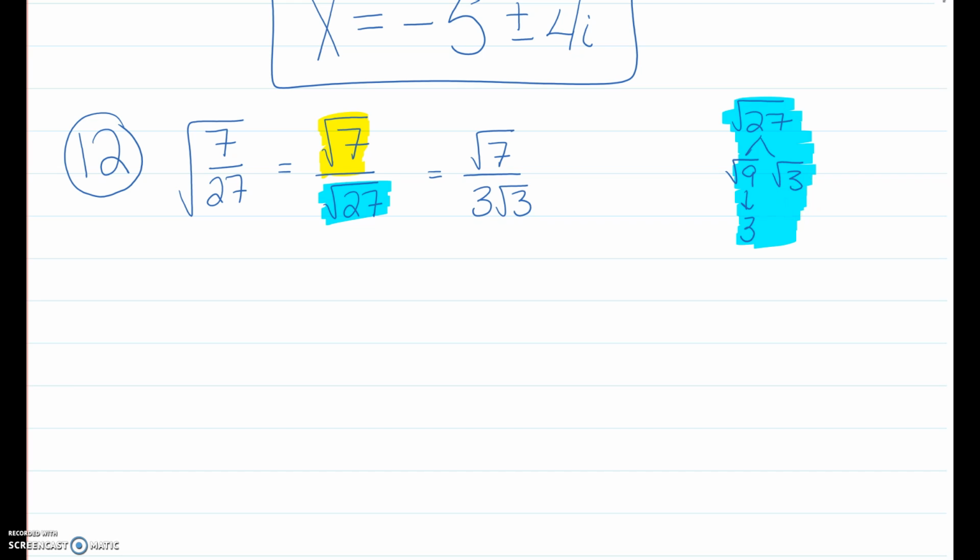Can I leave my answer as the square root of 7 over 3 times the square root of 3? No, we cannot have a radical on the bottom. So we're going to multiply the top and the bottom. We're going to multiply by a fancy version of 1, and we're going to use the square root of 3 over the square root of 3.